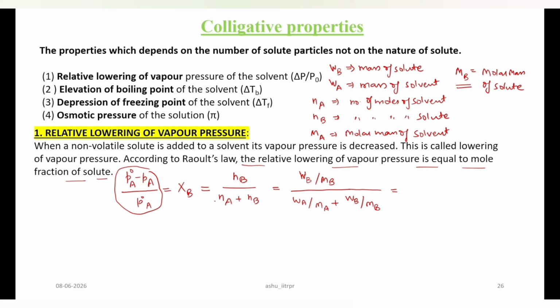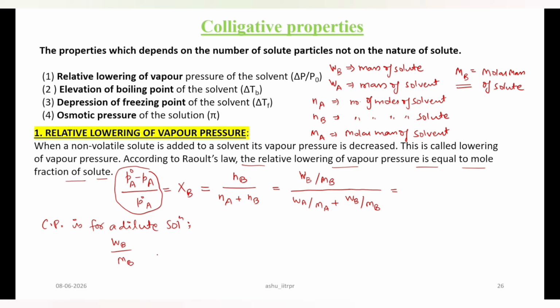But in the previous slide I said colligative properties are defined for a dilute solution. Dilute solution means solute concentration is very small. So in this denominator part, we will eliminate this Wb by Mb.